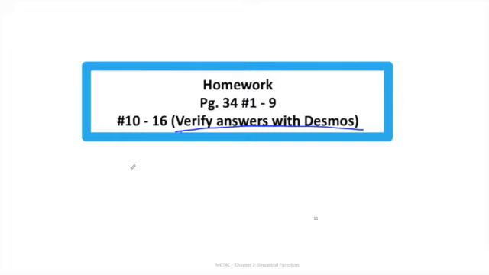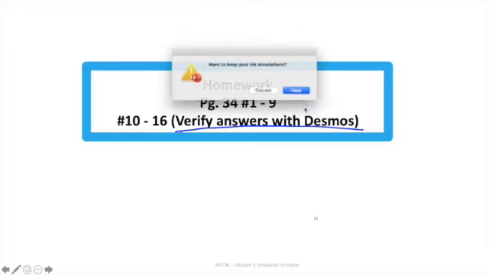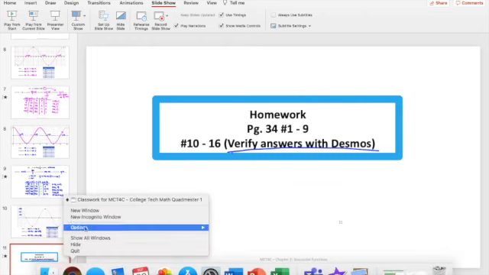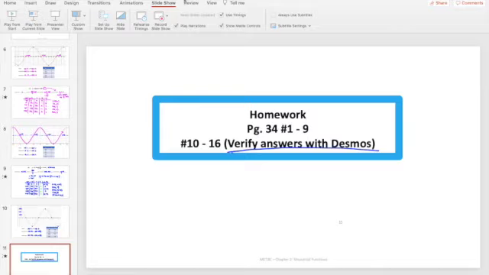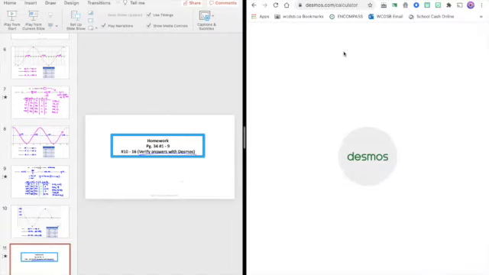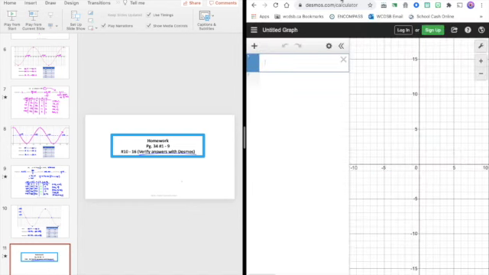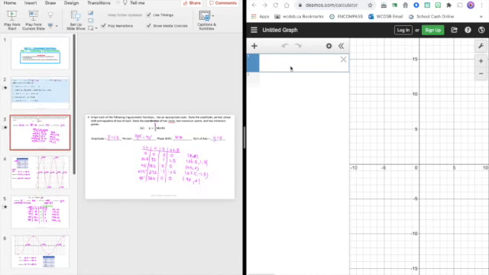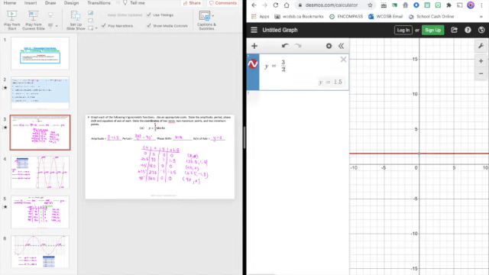Okay, I'll show you quickly here for Desmos and what it looks like. So when you're verifying on Desmos, just type in desmos.com, and then usually the graphing calculator comes up. Then you would just type your equation in. So if you go to your first equation, y equals 3 divided by 2 sine x.